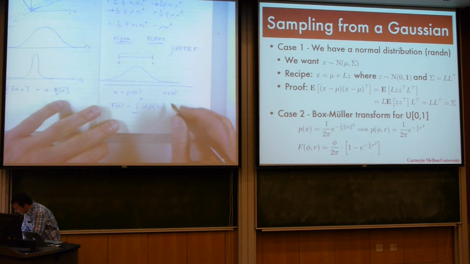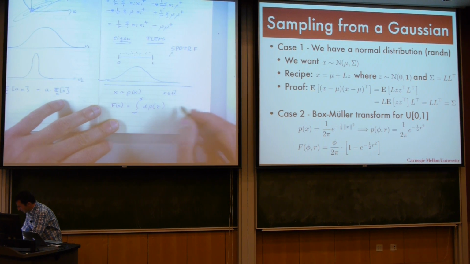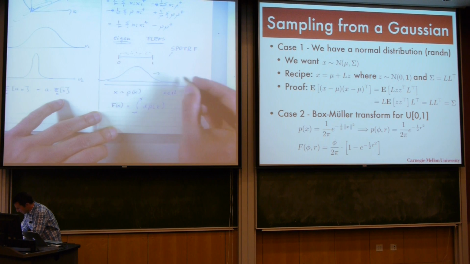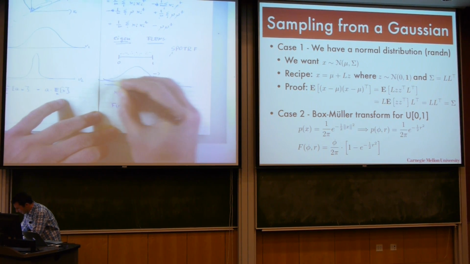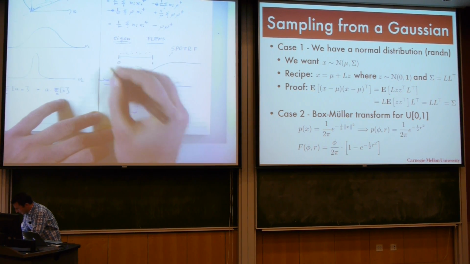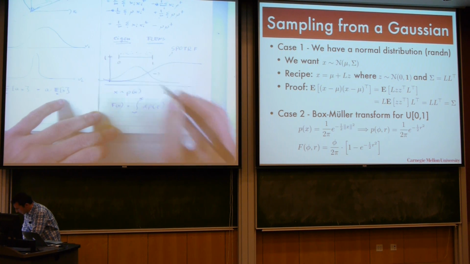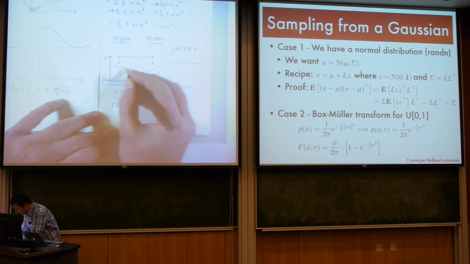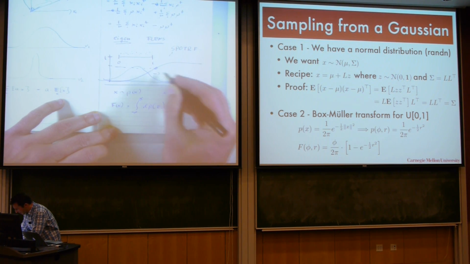Good. And then we have this transform into here. Here's 1. I go and draw a random value here. I slice it, and then I just see where this cut occurs, and this is the number that I'm going to pick.